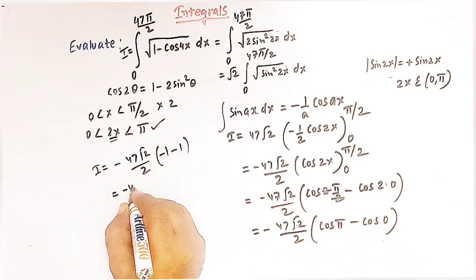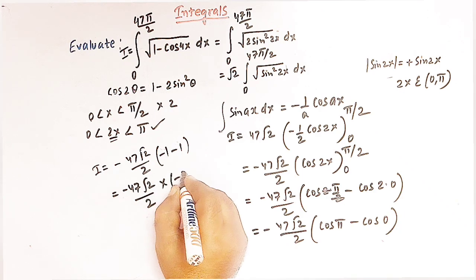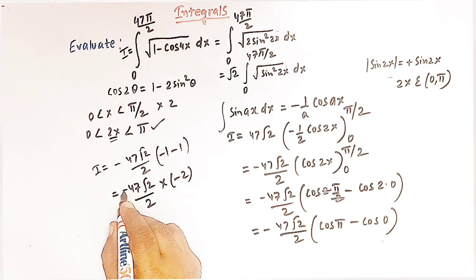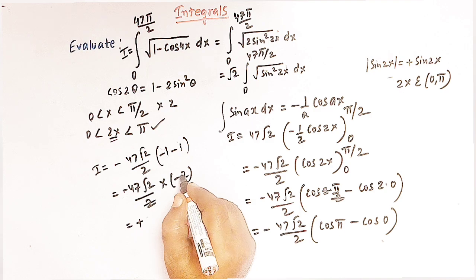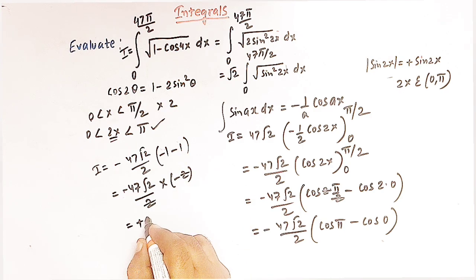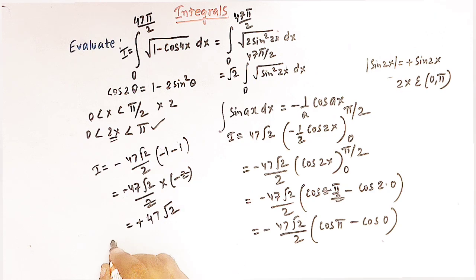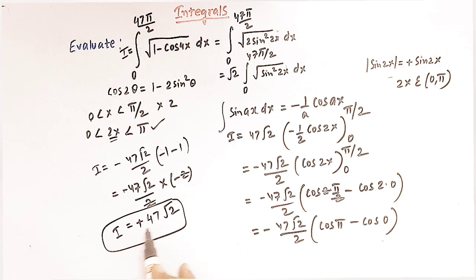So this is minus 47 root 2 over 2 times minus 2. Minus 1 and minus 1 becomes minus 2. So minus and minus becomes positive, and this 2 and this 2 get cancelled. So we are left with only 47 times square root of 2, right? So viewers, the value of this integral is given by 47 times square root of 2.